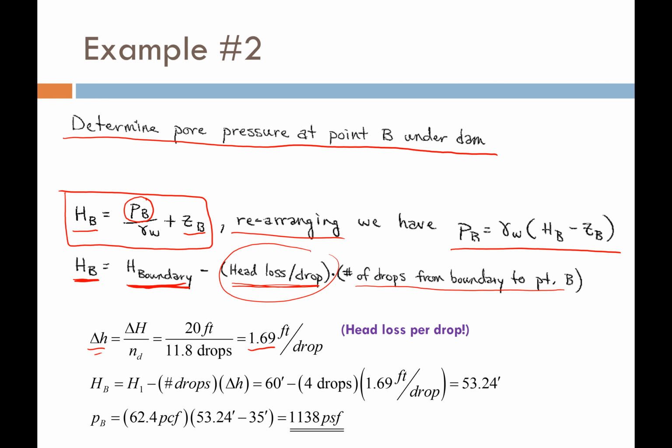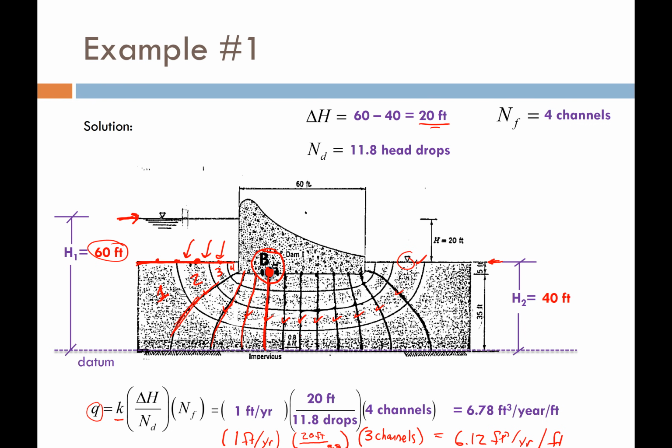Now, the number of drops from my initial boundary condition to where point B is 4 drops. If I go back here, from my boundary condition upstream, there's 1 drop, 2 drops, 3 drops, and B sits right on the 4th drop from my initial boundary condition.